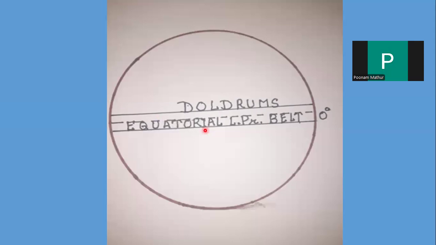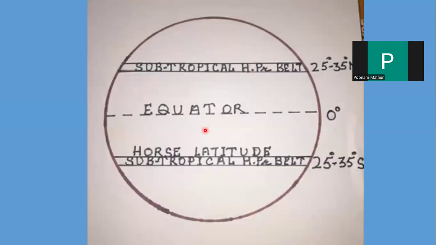So near the equator, it is a belt of low pressure known as the equatorial low pressure belt, 10° north and south of the equator. At 25-35° north and 25-35° south is the subtropical high pressure belt.